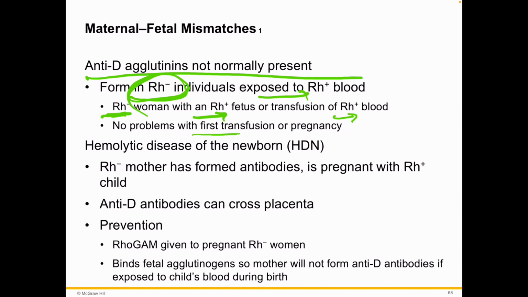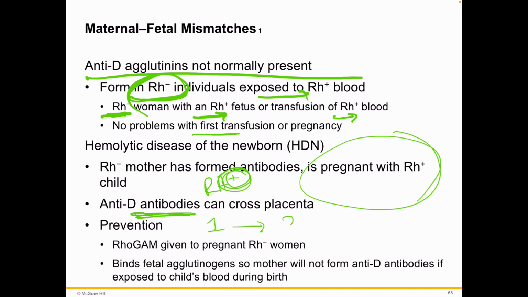It's like when you get a vaccination and you don't really get sick right away from the vaccine, because your immune system is just now finding out about it, right? It's the second time though. The second pregnancy is going to be the problem, because she was in a way vaccinated against that positive rhesus factor. And so she's made those antibodies in that period between the first pregnancy and the second pregnancy, right?